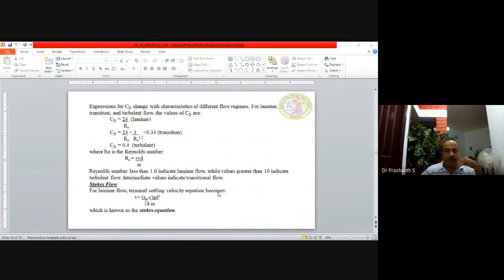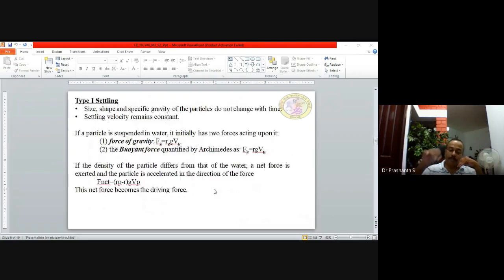What you have to understand is that in type 1 settling, when a particle is dropped into water, it naturally moves downwards due to gravitational attraction. The forces acting on it are the force of gravity and the buoyant force, and finally you get a net force, (ρp − ρ) g Vp, where Vp is the volume of the particle. Then motion is initiated.